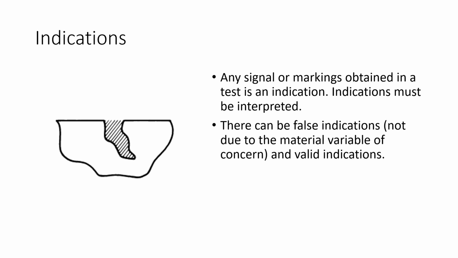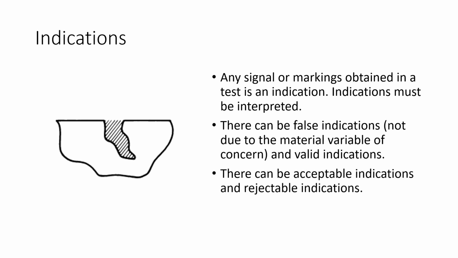It's an indication, but it's not a valid indication. So we can have that going on in non-destructive testing. And then we can have acceptable indications and rejectable indications. If it's a rejectable indication, at that point it is a defect, and we deal with it.